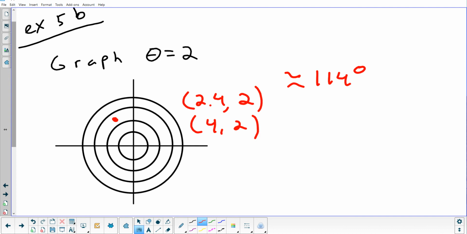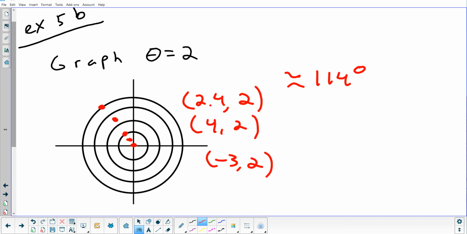So we're just putting 2. 1, 2. Another one. 0, 2. Okay. 1.5, 2. Okay. Negative 3. So we need negatives too, because we're not getting the whole picture yet. Negative 3, 2.